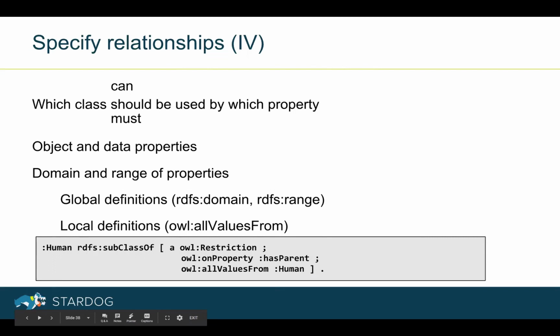Well, in this case, I would either need some separate hasParent property for animals, or I would just need to rework it entirely. In this local case, OWL lets me say that hasParent has a range of human, but only for human subjects. So it allows me to get very specific with what my data is going to look like.